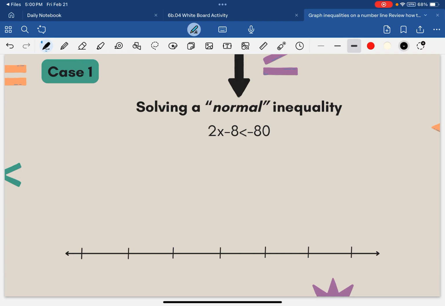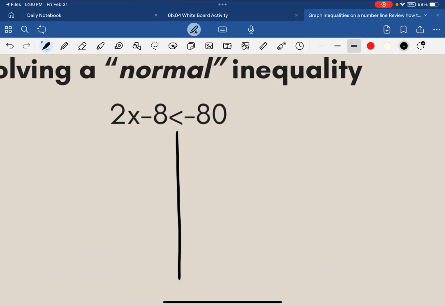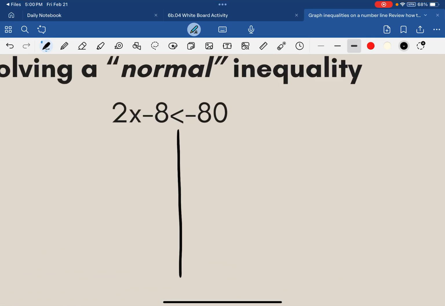I'm going to jump into solving. So this would be like a normal inequality. We're going to draw our line down this inequality symbol, and then we are going to look at the x. Here's the x right there. We are going to get everything away from it. So first I'm going to get rid of that -8 because that has no letter attached to it.